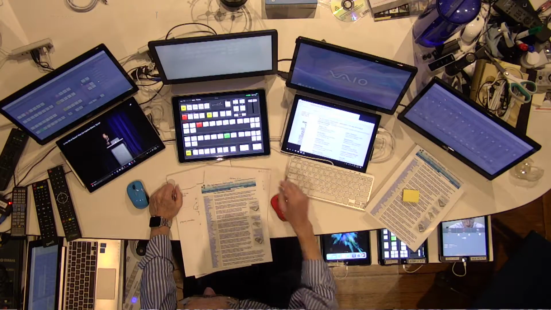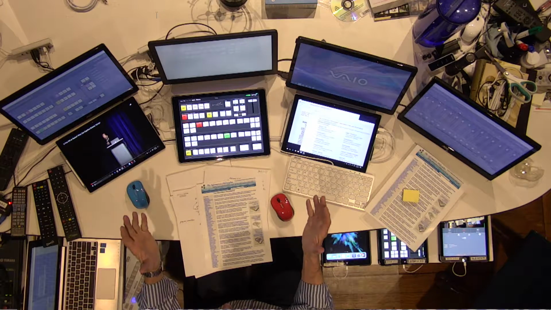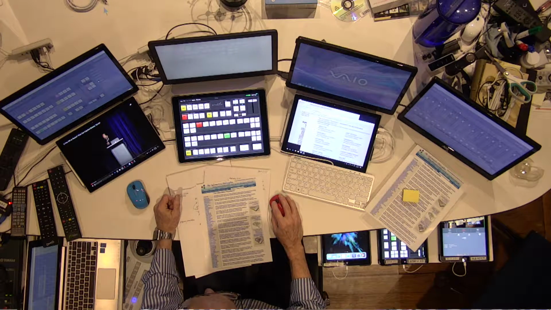And I also have to learn how to turn on the downstream key. So let's start again and turn on that key, which now shows our overhead view.